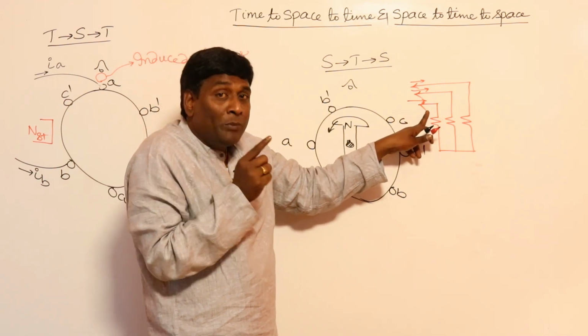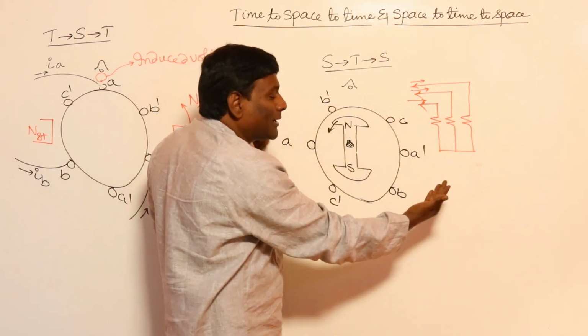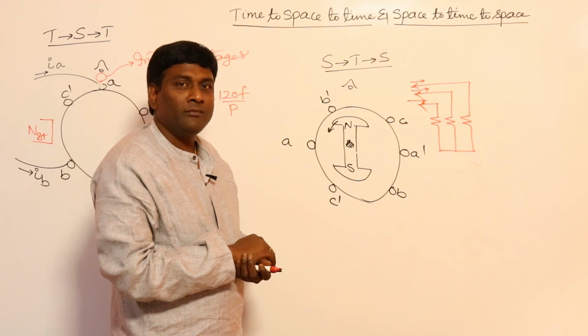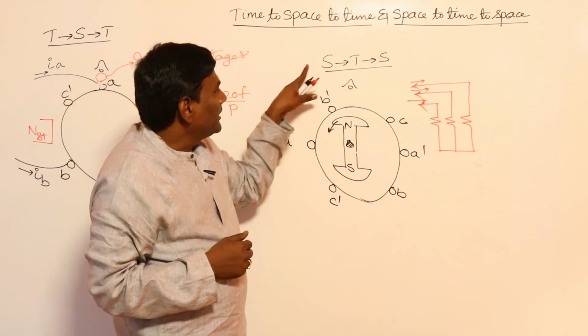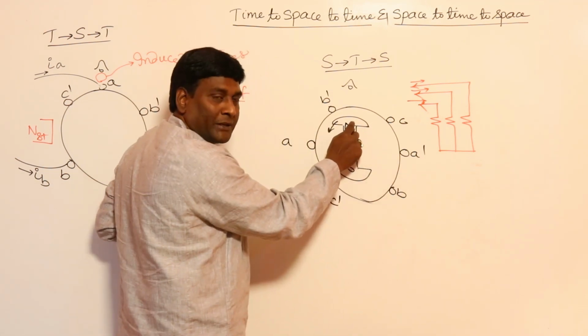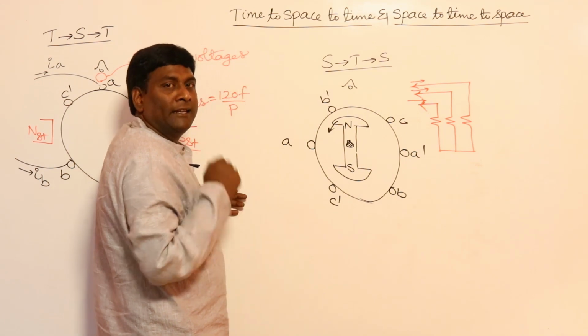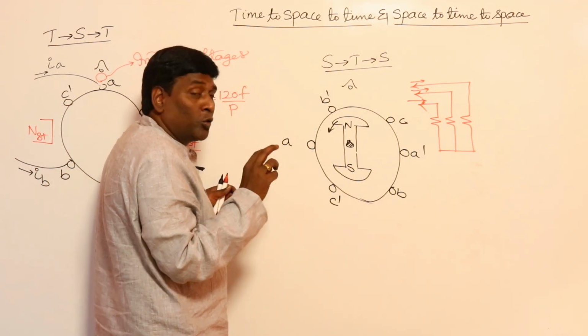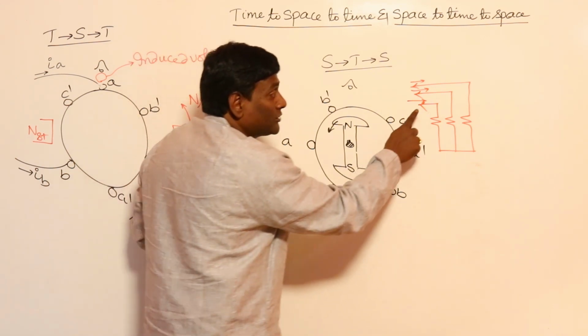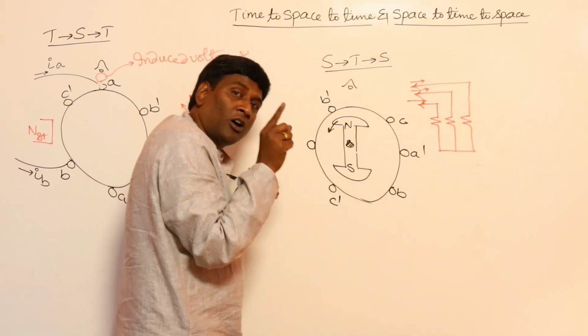Yes. Now, because of those one cycle of currents, will one revolution of RMF be produced or not? Yes. Let me repeat again: in space, let me rotate this by one revolution. The induced voltage will be one cycle in time, so once the load is connected, one cycle of currents will circulate in time.